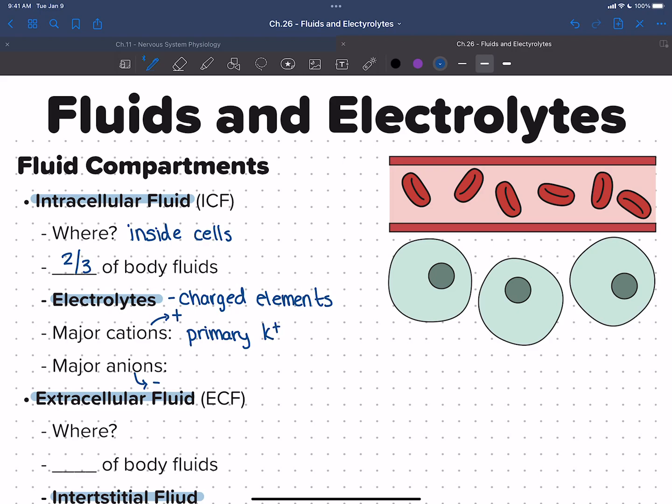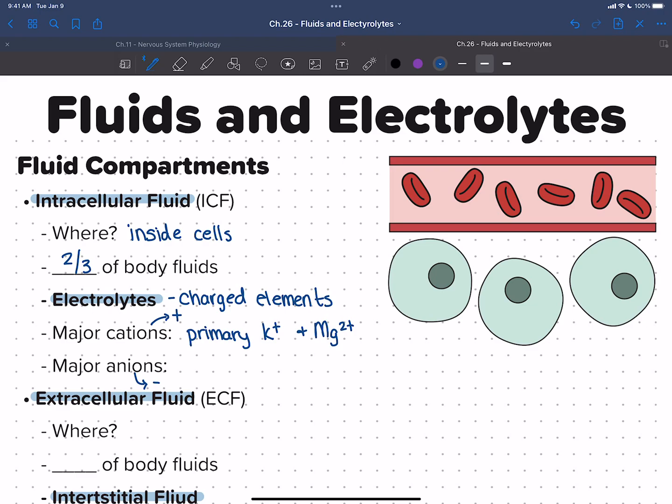We know that when we discussed muscles and the nervous system and how they send electrical signals, having a high concentration of potassium on the inside of the cell was very important. Also, there is going to be a good bit of magnesium, or at least more magnesium intracellularly than extracellularly. All right, so those are our cations.